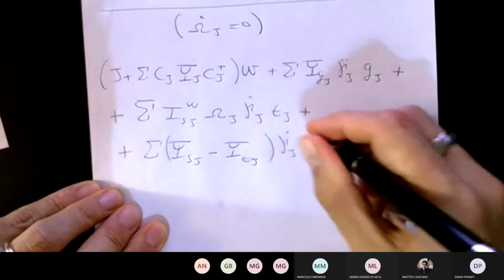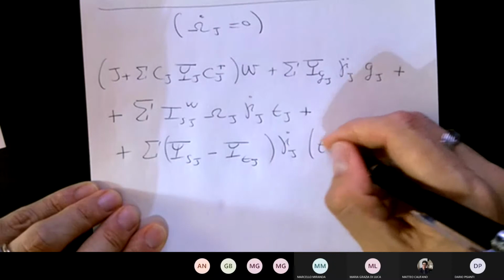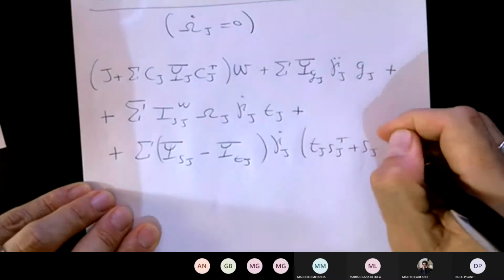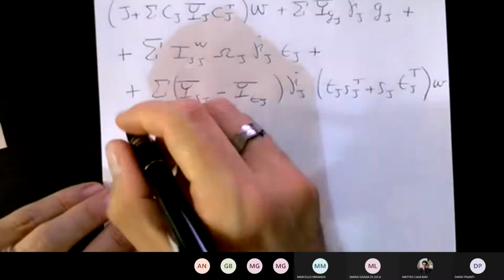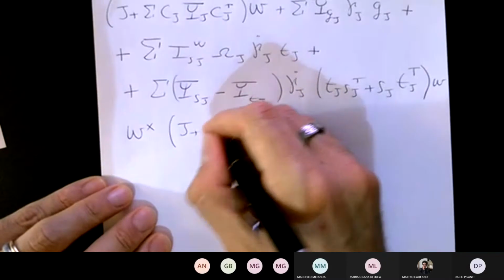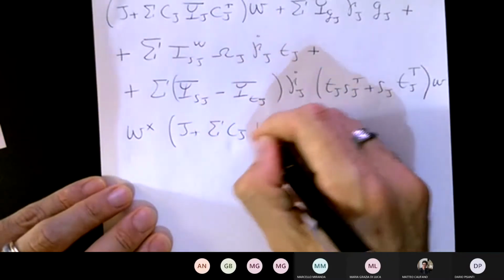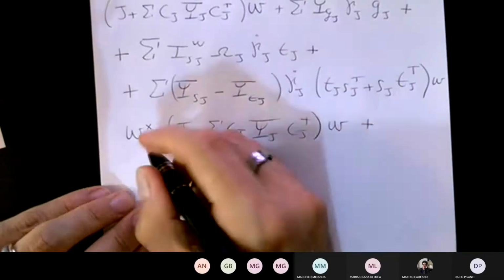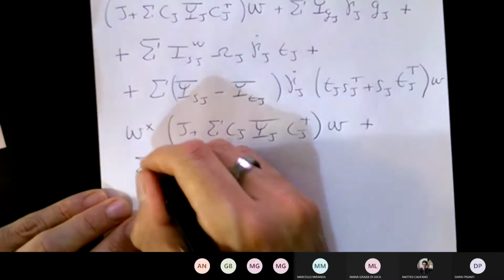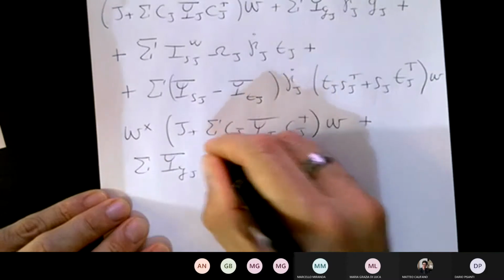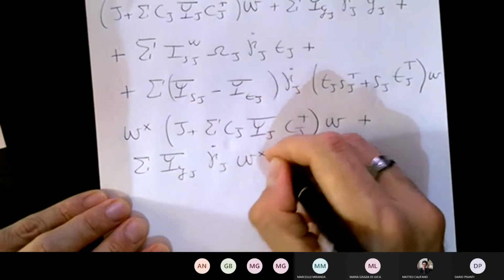This is gamma j dot, that multiplies Tj Sj transpose plus Sj Tj transpose omega, and then the cross products J plus summation Cj Yj Cj transpose omega plus summation Ygj gamma dot omega x Gj.